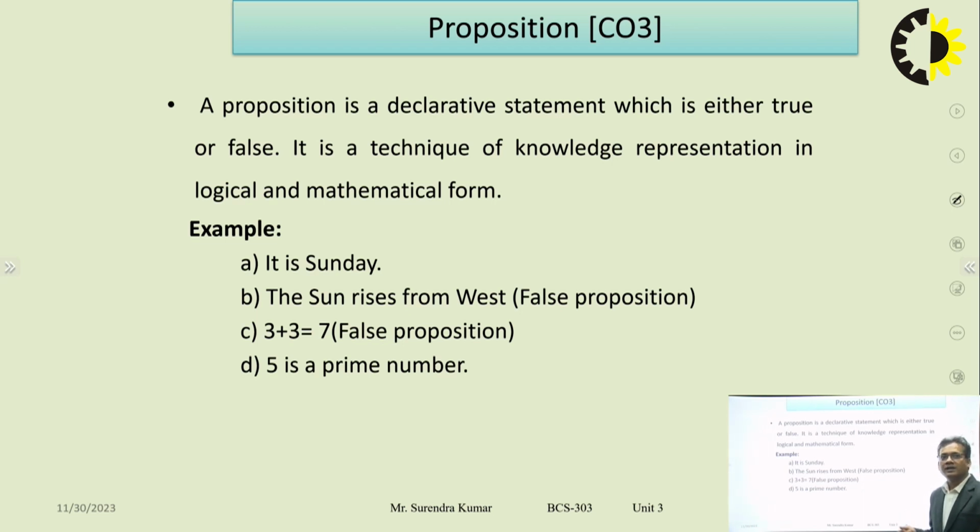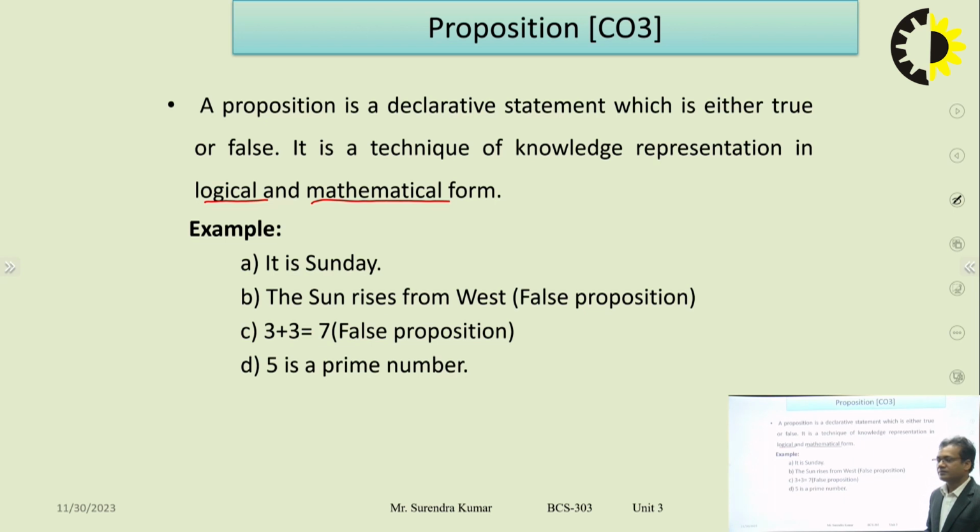It is a technique of knowledge representation in logical and mathematical form. When you write a sentence, it is logical, and when you represent it in some mathematical format, it is mathematical.